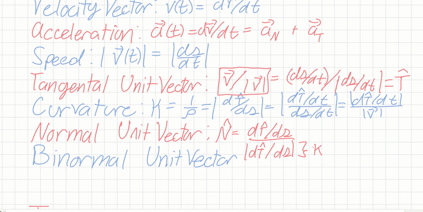And the dT hat/ds in the numerator is also kind of the same, but instead of being the magnitude, you just want the direction of it. So again, you're going to have to break this up into dT hat/dt over ds/dt. But in this case, since it's not magnitude anymore, this is really velocity.